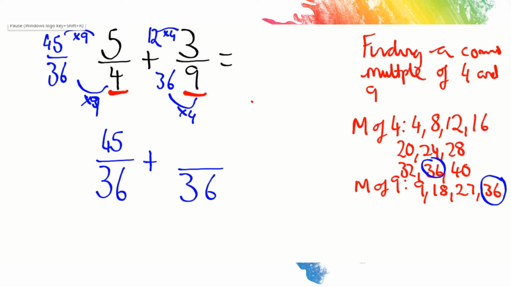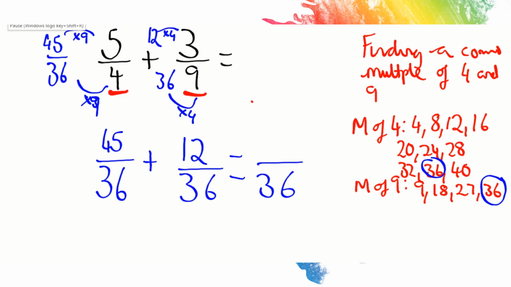So therefore, my fraction is actually 45/36 plus 12/36. Then we have to think about which bits are we adding together. Well, the denominators do not get added together. That stays the same. So I can put that one in.